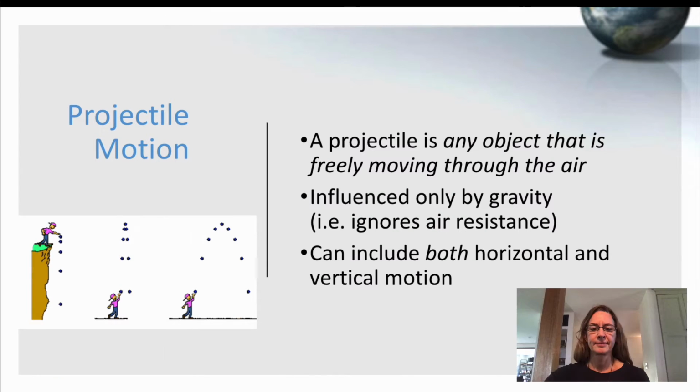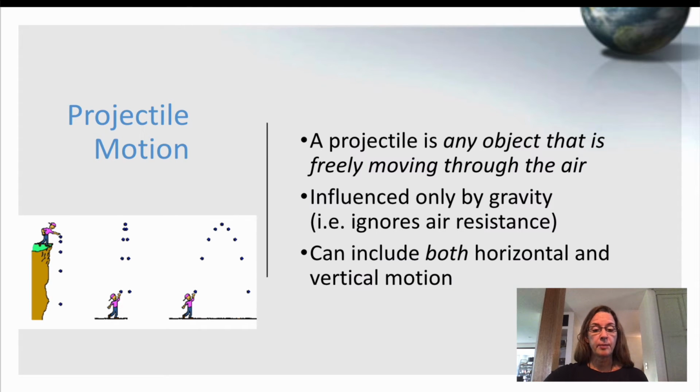The definition of a projectile is any object that's freely moving through the air and influenced only by gravity. That means there is no air resistance that's significant in this object's motion. Although, of course, on Earth there's always some air resistance, but there are certain objects that we can discount that and assume that it's not important.